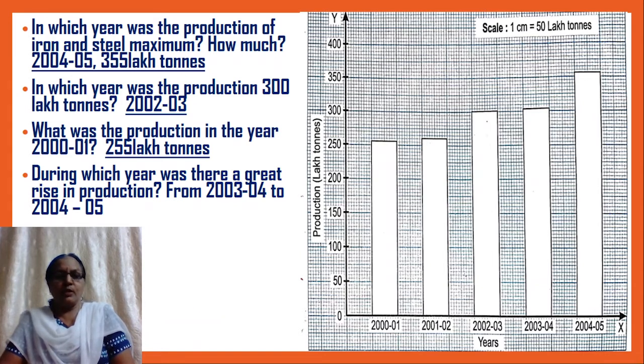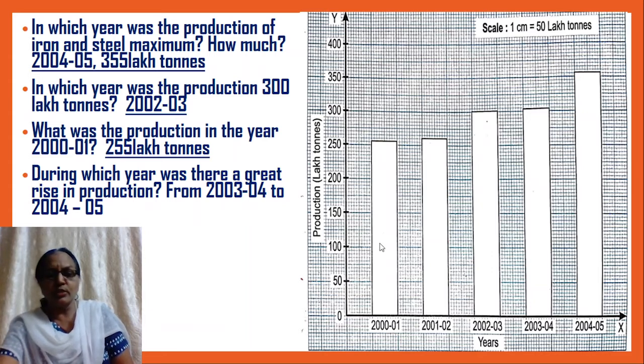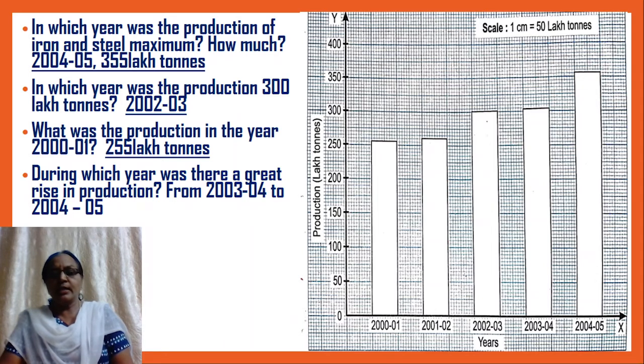The next one. What was the production in the year 2000 to 2001? We have 250. This is more than 250. So it is 255. In the year 2000-2001, the production of iron and steel was 255 lakh tons.